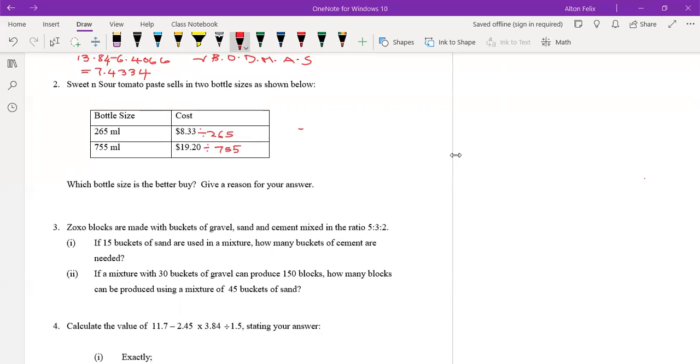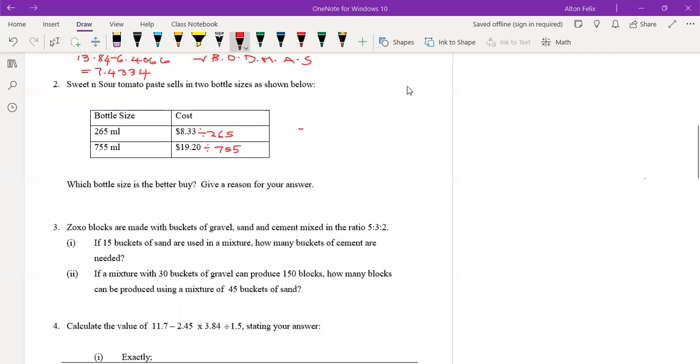So the question is, is bigger always better? Let's see if that's true. When I compare this one, the price per ml here is just under 3 cents, 0.025. So this is much cheaper than 0.03. So the bigger item in this case will be the better buy because the price per ml is less.